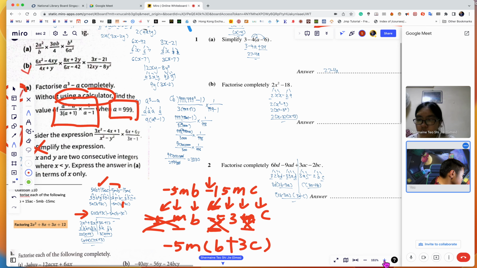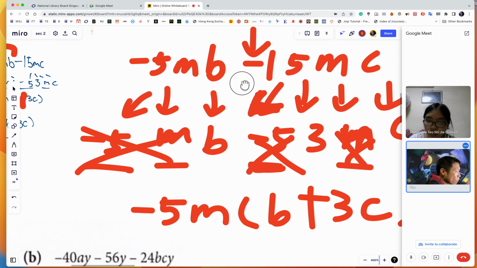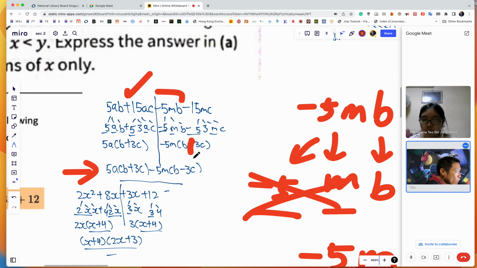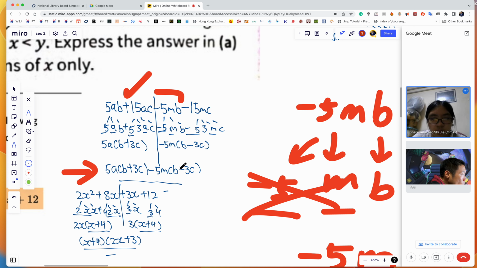Let me zoom in a little bit. This one is with plus, because your minus 5 already takes care of the minus sign. Are you clear? So therefore you are left with 3c.